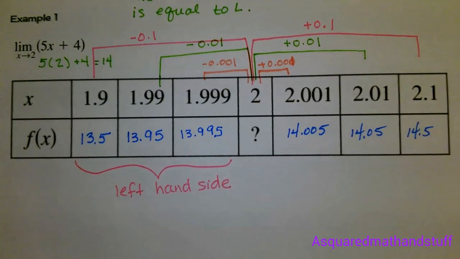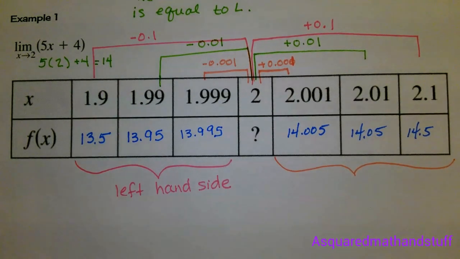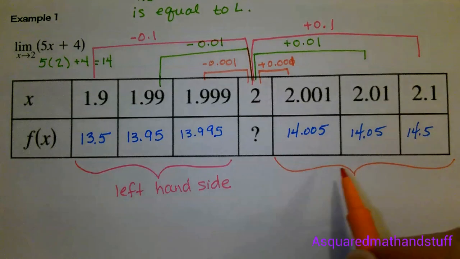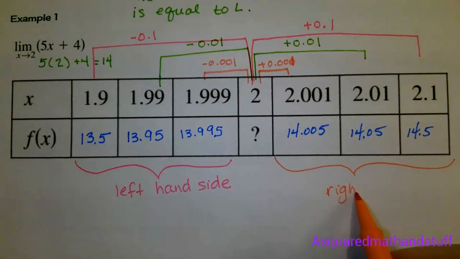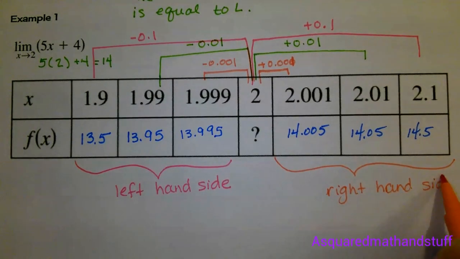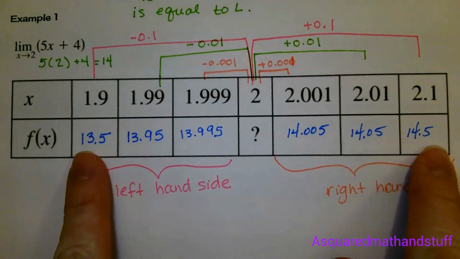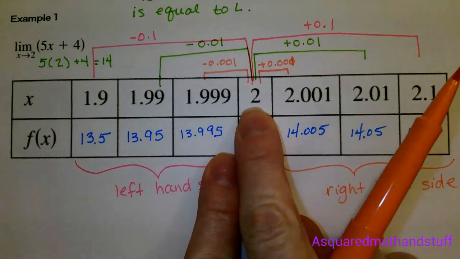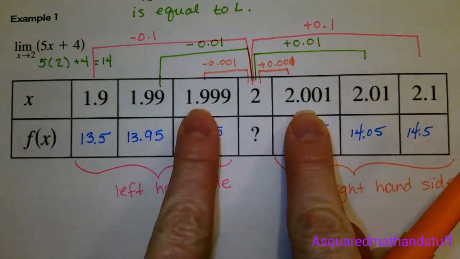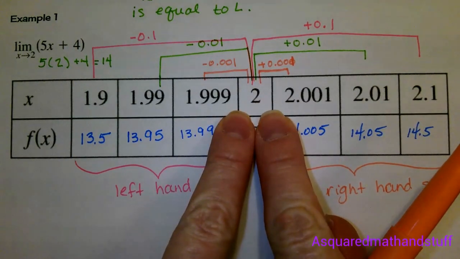And as I come in from the right-hand side, or the numbers on the positive side, or that are larger than our c value, if these values are getting closer and closer to the same number, then we have a limit. So we're getting closer and closer to our c value of 2 because we're only a thousandth away. We're pretty close to the number 2, but we're not touching 2.